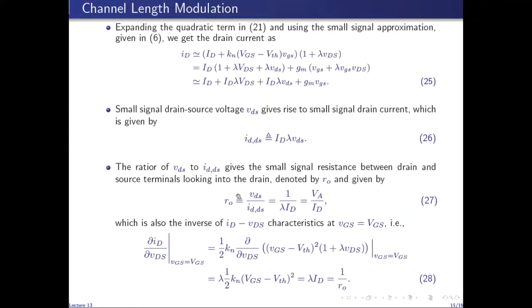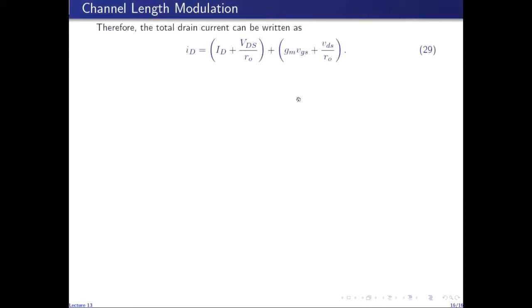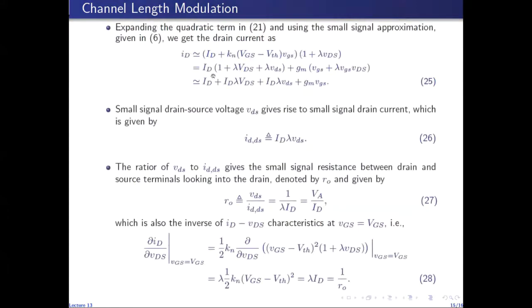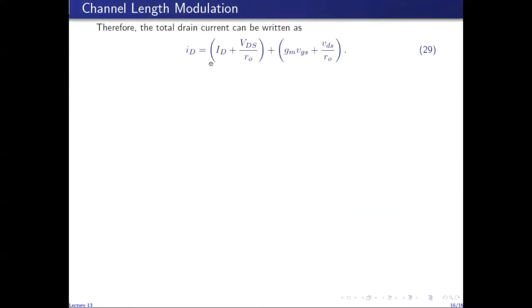So replacing R naught with this value in this expression, we can write the drain current as an approximate sum of the DC component.